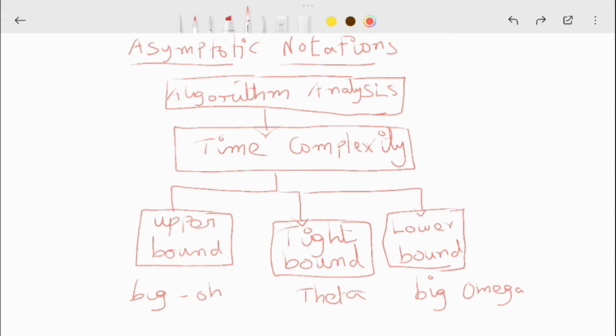That is one case. Another case is the input is unsorted, meaning the values are randomly scattered.